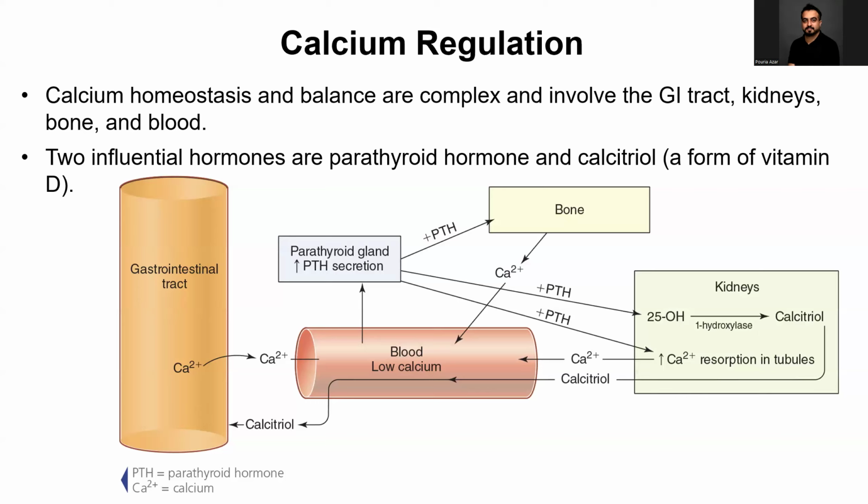PTH also increases calcium reabsorption in the kidneys. So as you can see, this is complex. Different hormones, vitamin D and PTH, act on different tissues and organs in order to increase the blood levels of calcium.